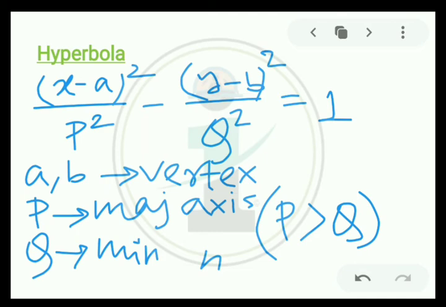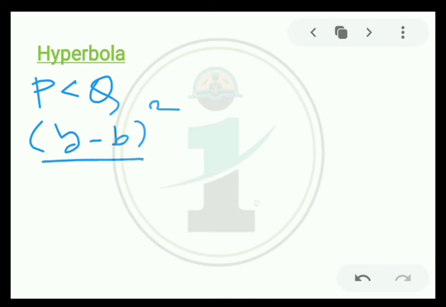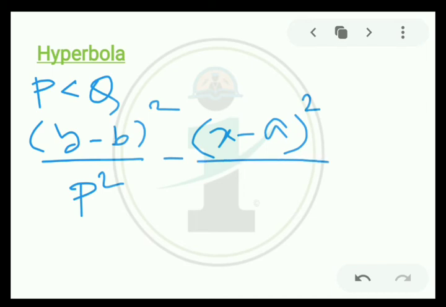So if p is greater than q, then the expression will be like this. Now if p is less than q, then the equation will be of the form y minus b whole square by p square minus x minus a whole square by q square equals to 1. So this is what the equation for hyperbola is.